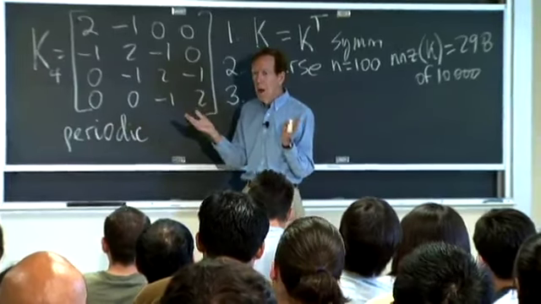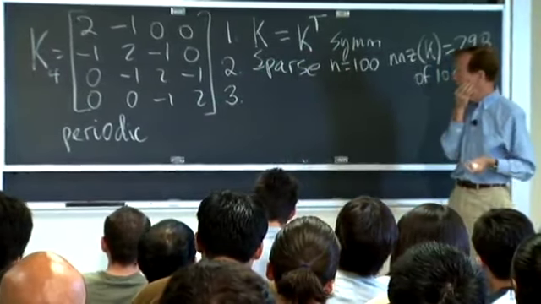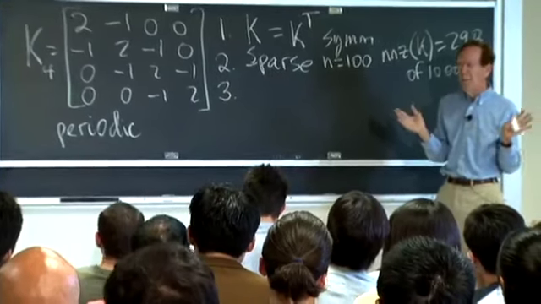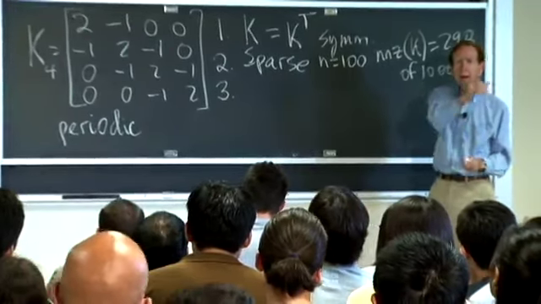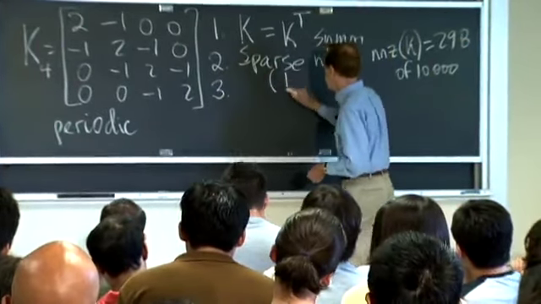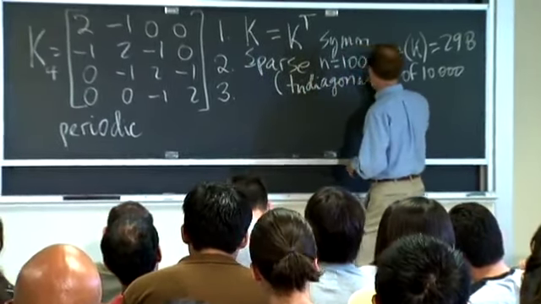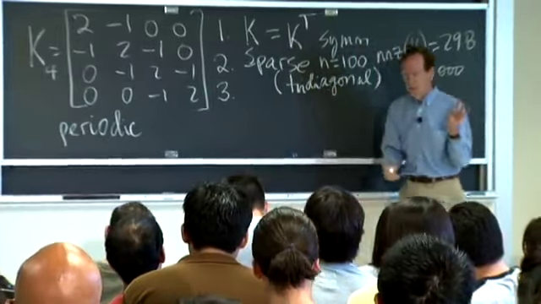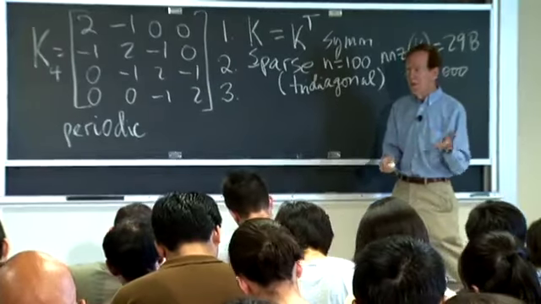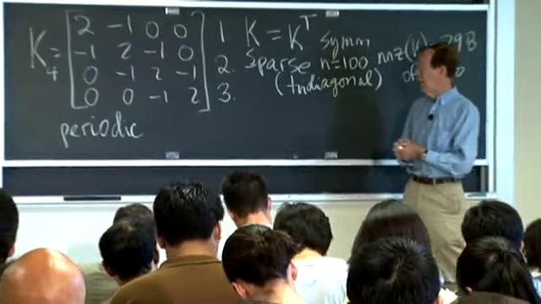Everybody tell me something more about properties of that matrix. Tridiagonal. Tridiagonal. So that's almost a special subcase of sparse. It has just 3 diagonals. Tridiagonal matrices are truly important. They come in all the time. We'll see that they come from second-order differential equations, which are, thanks to Newton, the big ones.